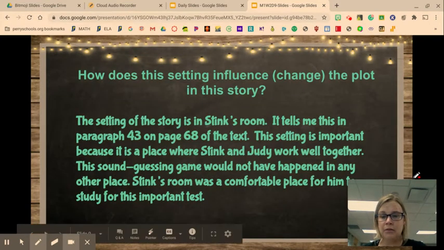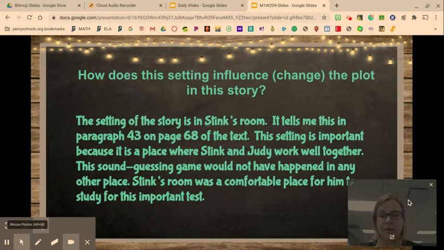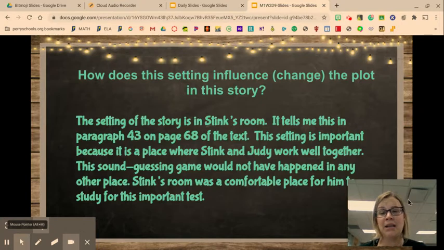So thinking about this, how the story affects the plot, I had said the setting of the story is in Stink's room. It tells me this in paragraph 43 on page 68 of the text. This setting is important because it is a place where Stink and Judy work well together.